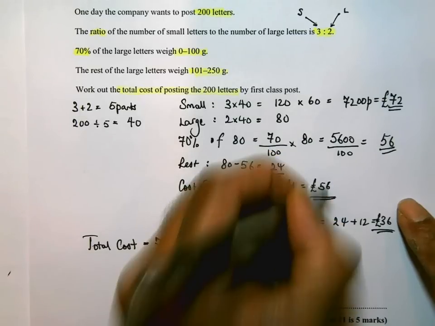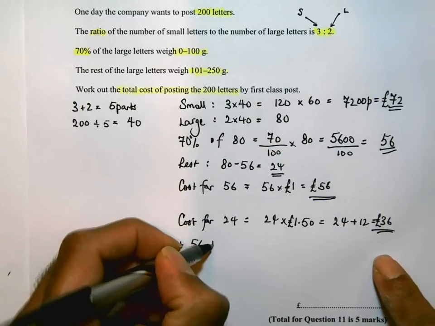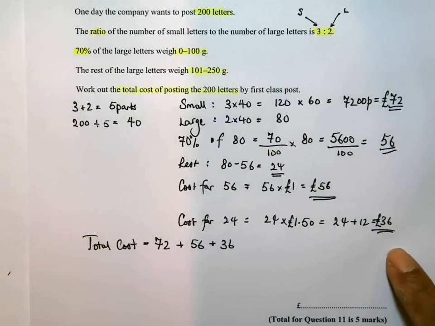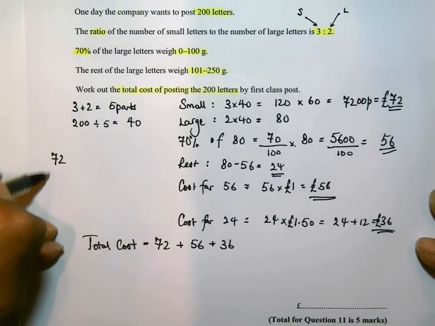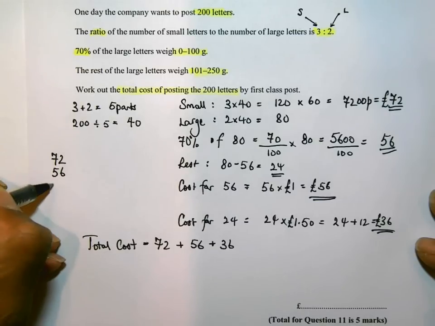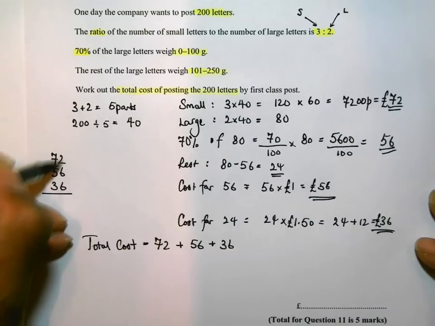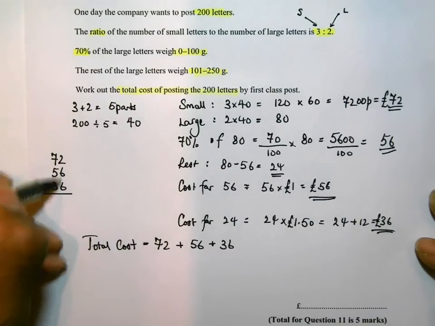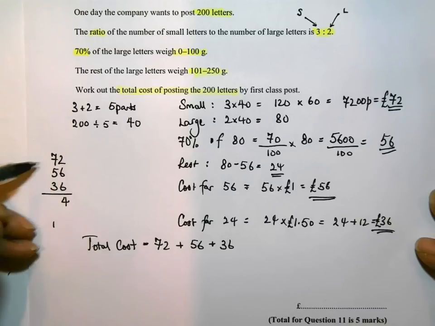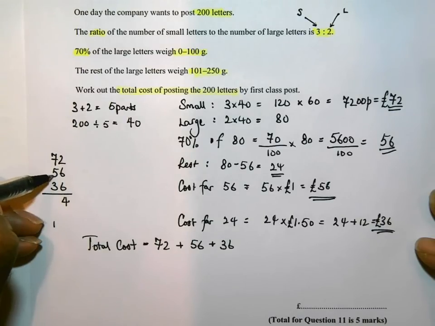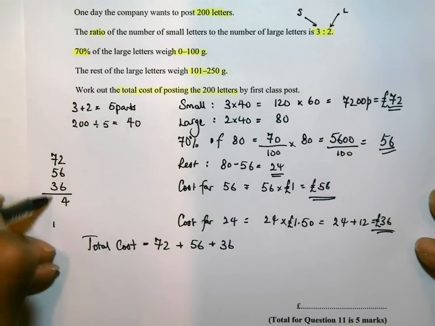I need to add those three numbers to help give me the total cost of posting these. And I'll just do it on the side here. 72 plus 56 plus 36. 2 plus 6 is 8. 8 plus 6 is 14. Carry 1. 7 add 5 is 12. 12 add 3 is 15. Plus 1 is 16. So the total cost of posting all the letters is going to be £164.